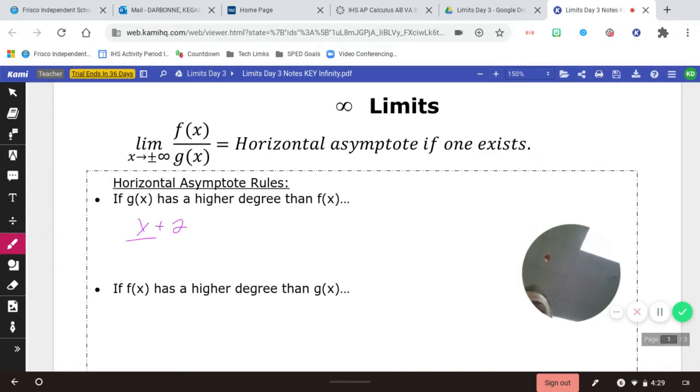So that means if I have a situation like x plus 2 over x squared minus 4, my g of x, my bottom function, has a higher degree than my f of x. So it is bigger on bottom.